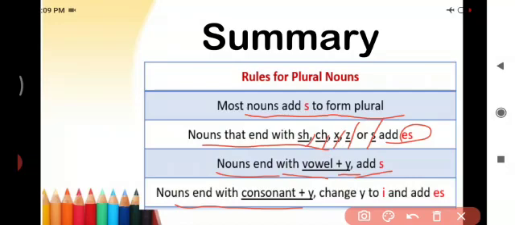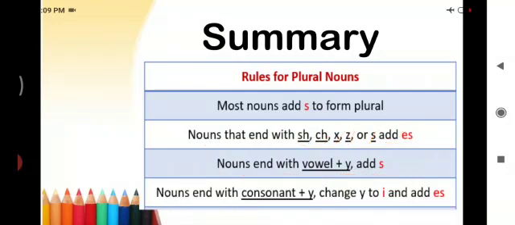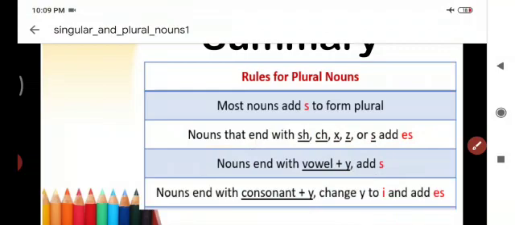If the noun ends with y and the letter before y is a consonant, we need to change the y into ies. So we have seen the examples for all these things, right? Today we are going to see the remaining rules.